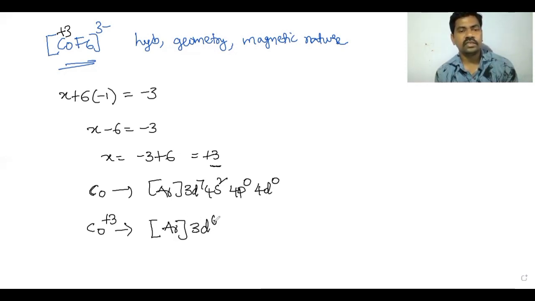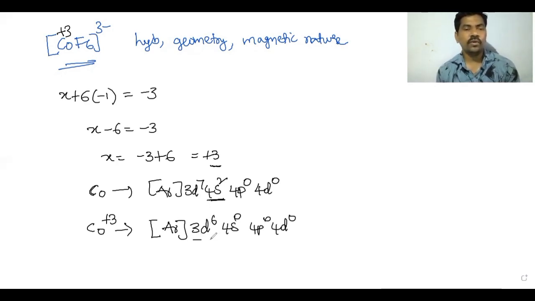So argon 3d6 4s0 4p0 4d0. How 3 electrons? 2 electrons from the s orbital and 1 electron from the 3d level. So a total of 3 electrons are removed, and now it has 3d6 electronic configuration.